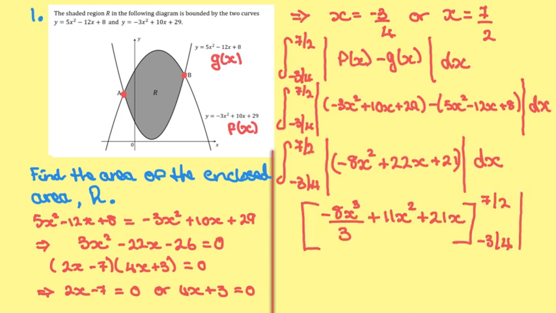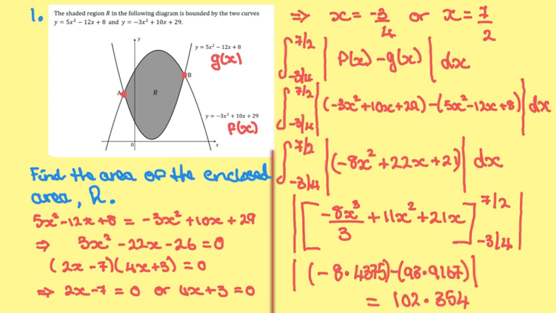So we want to evaluate the modulus of minus 8x cubed over 3 plus 11x squared plus 21x between minus 3/4 and 7 over 2.